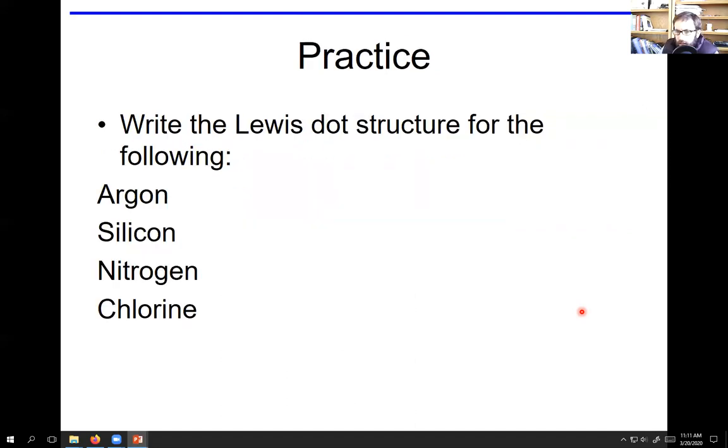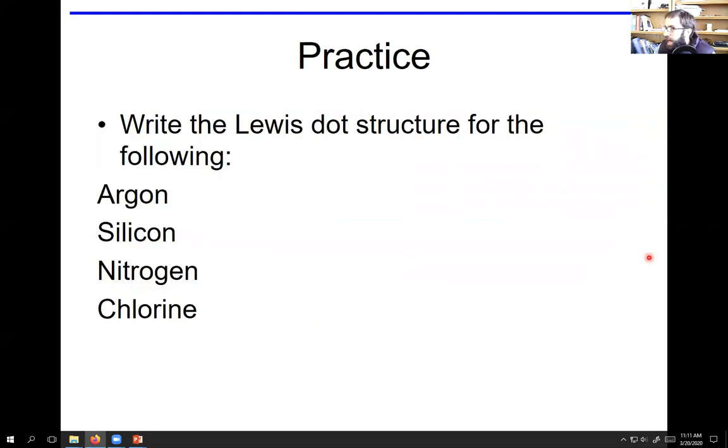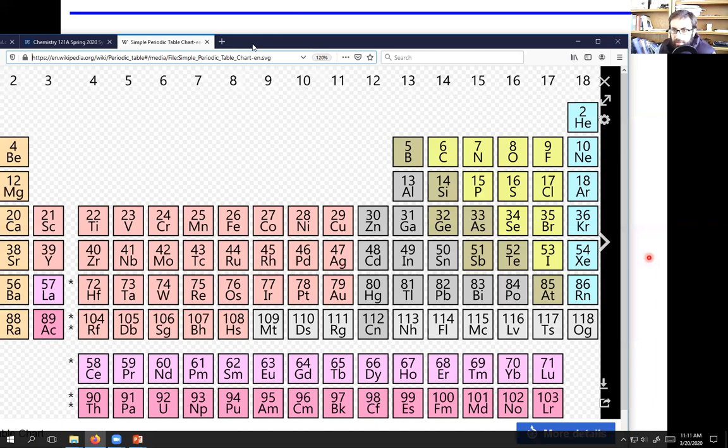We can practice writing Lewis dot structures for different elements: argon, silicon, nitrogen, and chlorine. You're going to want to look at a periodic table for all of this. Recall that if I bring in a periodic table here, let me make this smaller.